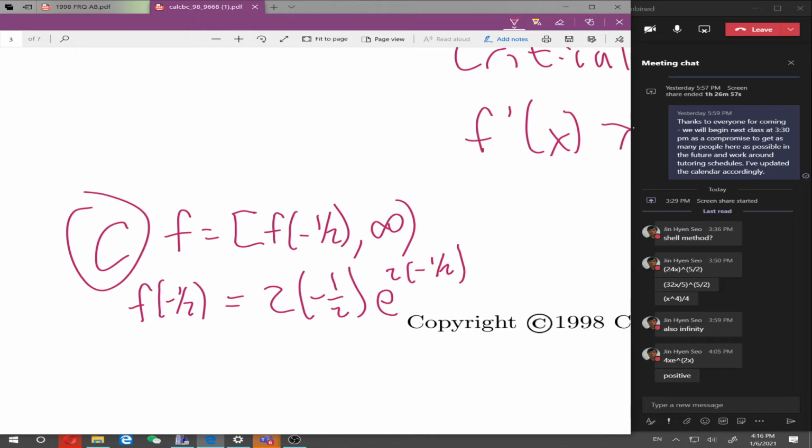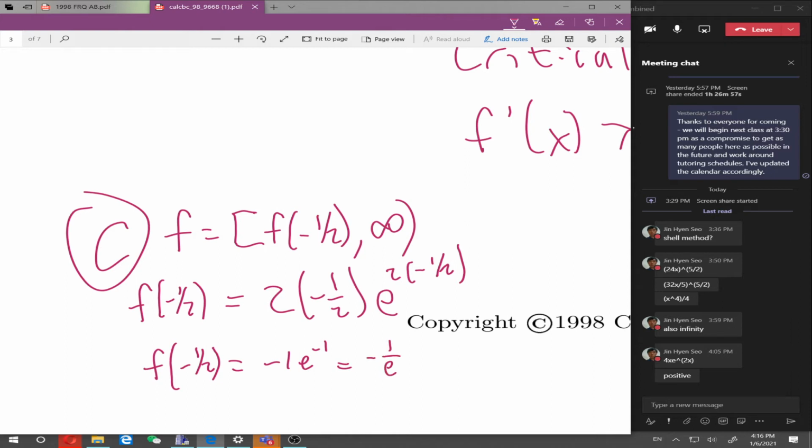Do we just solve it? Yes. To the power of 2. You get negative 0.367. Okay, you're right. If I was going to do this without a calculator, this would be negative 1 times e to the negative 1 power, right? Yes. Or negative 1 over e.